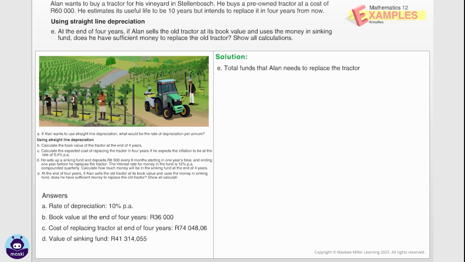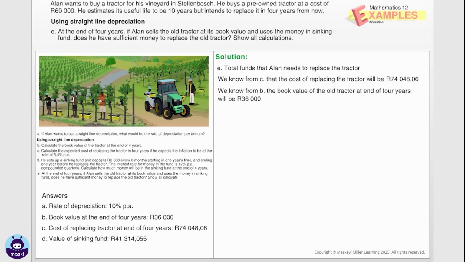We know from C that the cost of replacing the tractor will be 74,048 rand and 6 cents. We know from B the book value of the old tractor at the end of 4 years will be 36,000 rand. We also know from D that money in the sinking fund at the end of 4 years will be 41,314.055 rand.